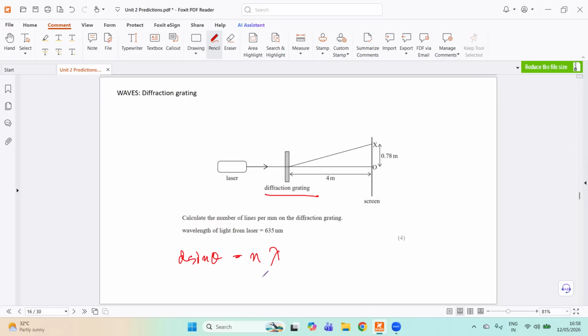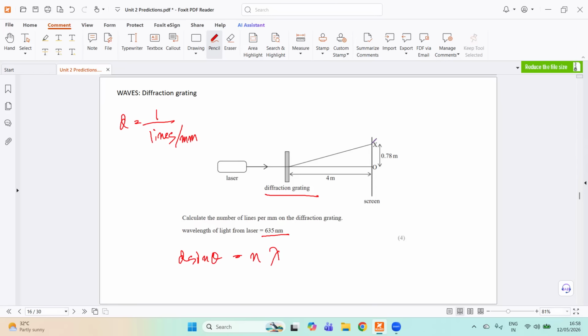Okay, and d might have to be found out separately, and d is equal to 1 by lines per millimeter. But when you place the value of d over here, make sure this is in meter, because wavelength has to be in meter, and n is the order of maximum.